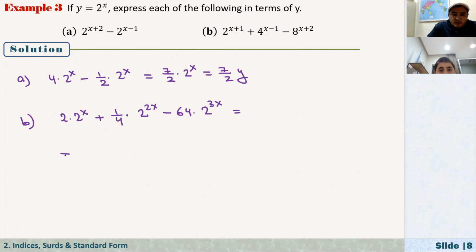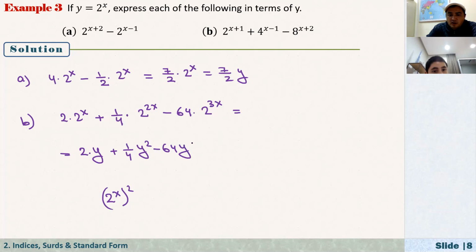Now I can substitute here 2 times 2 to the power of x is y. So here we have y plus, here we have 1 over 4. 2 to the power of x, we know that we can write it as 2 to the power of x squared, which is y squared, minus 64. 2 to the power of 3x is, what is it? y cubed, right? So we have expressed the given expression in terms of y.